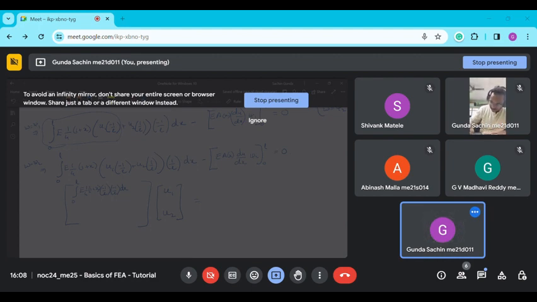This is your first element. Then we will have this second part. I will just simplify it and write so that it's easy to understand. This will be the first equation, this will be the second equation.